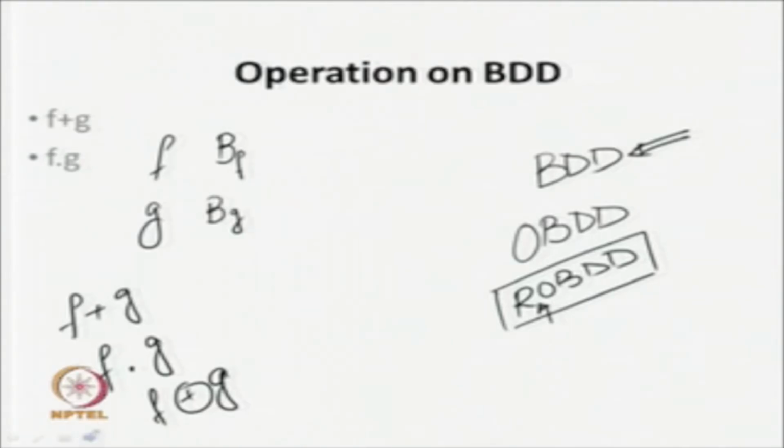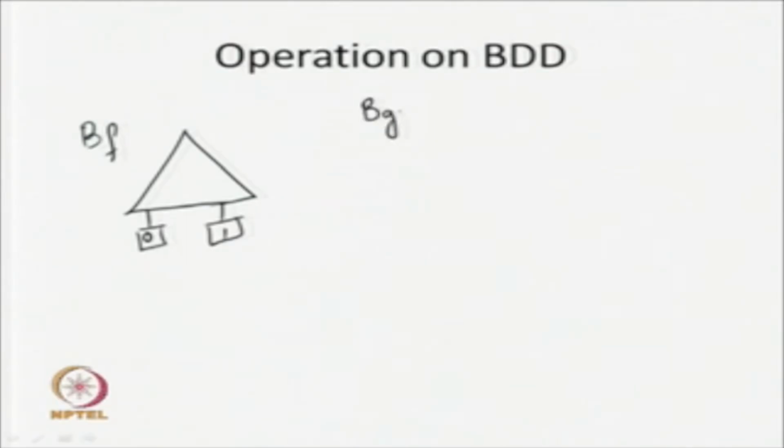So, what did we see in that case? If I have a function f and the BDD representation of f is bf, then this is the structure, and eventually we have the terminal nodes 0 and 1. Similarly, I have a BDD bg of a function g, with a BDD representation of this function, and these two are the terminal nodes.